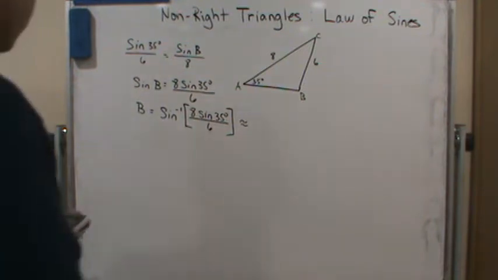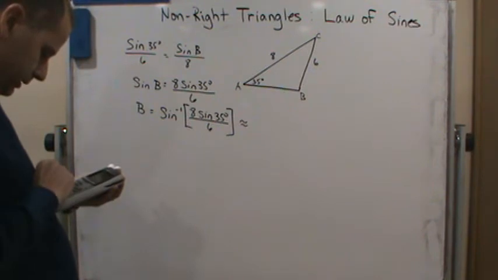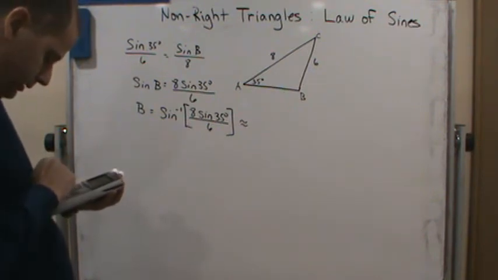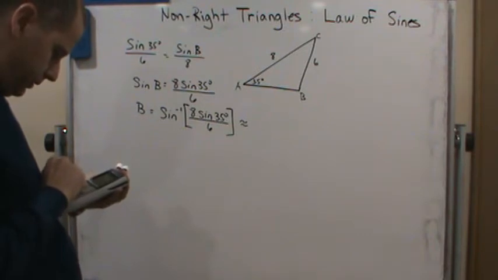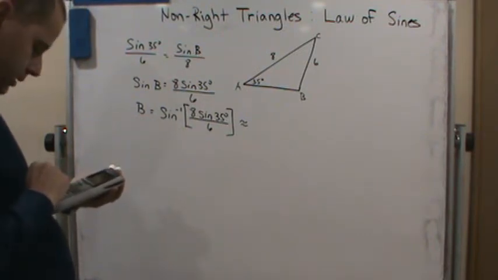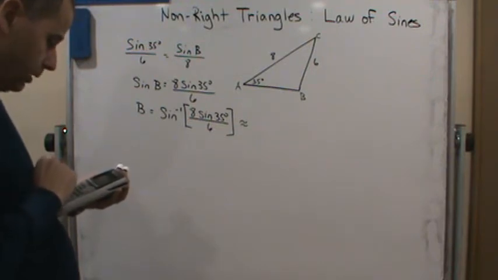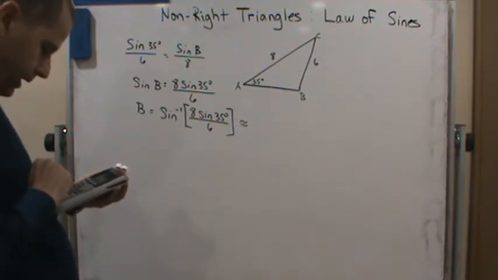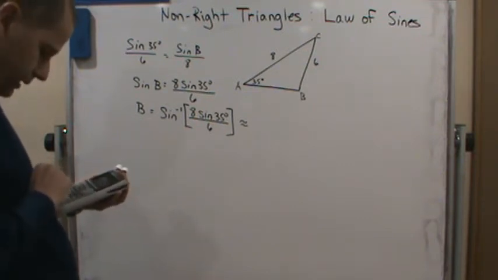So I'm going to stick this in my calculator: inverse sine of 8 times sine 35 divided by 6.